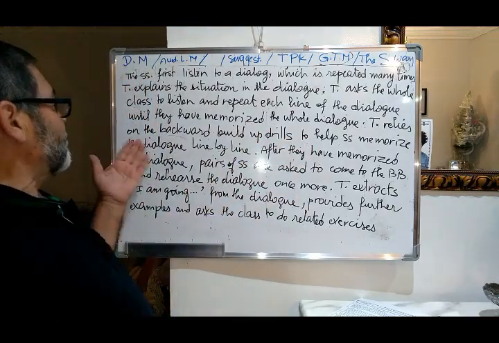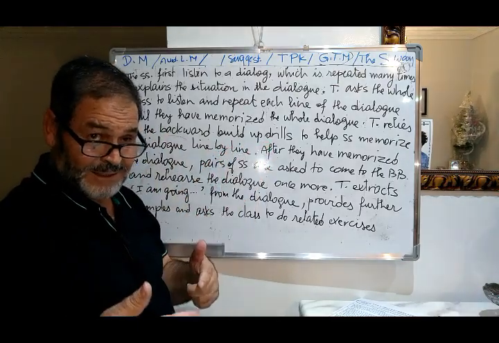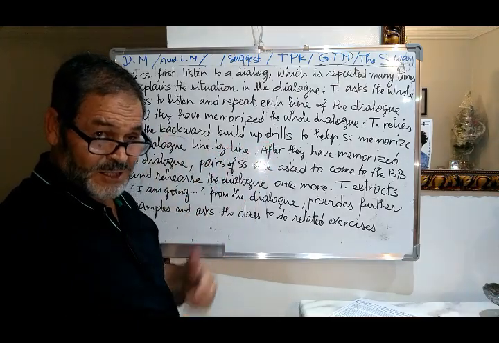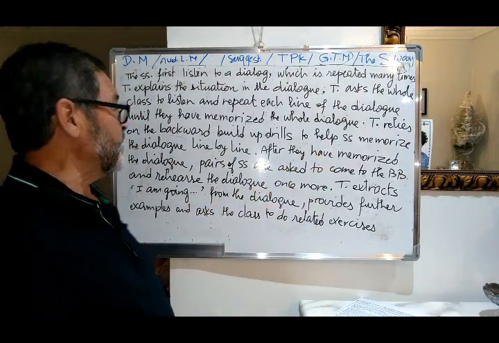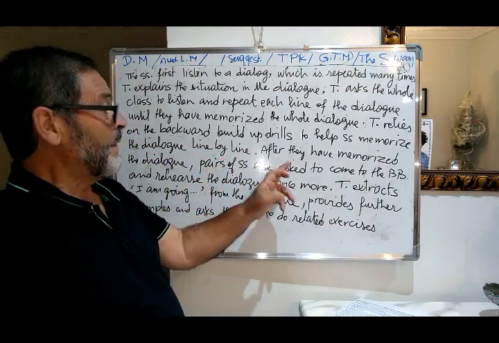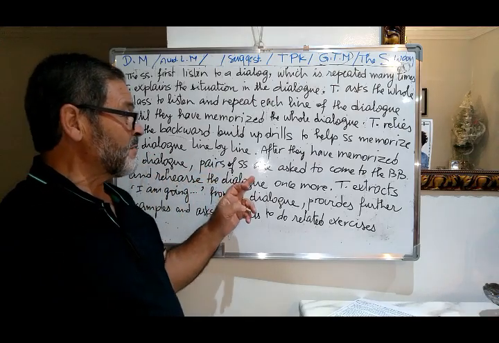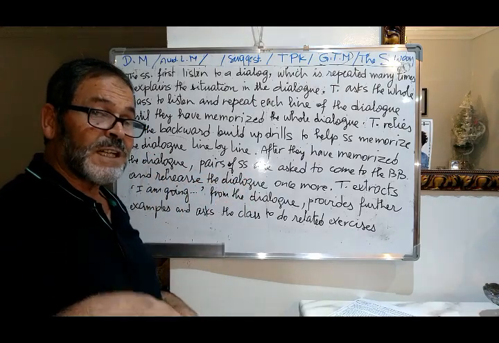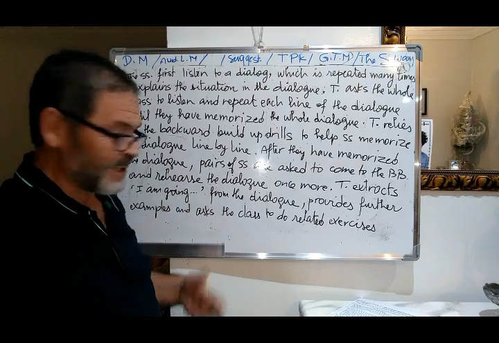The teacher relies on backward build-up drills. So drilling, which method is it linked to? To help students memorize the dialogue line by line. After they have memorized the dialogue, pairs of students are asked to come to the blackboard to rehearse the dialogue, to repeat it, to act it out.